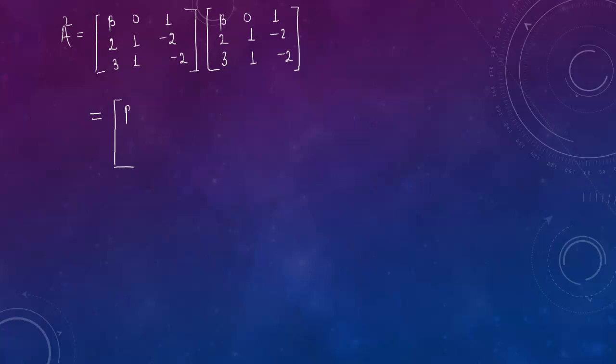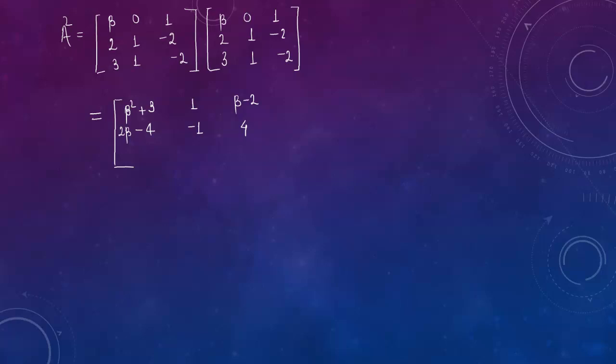So I am going to write directly what is going to come here after multiplication. So beta square plus 3 in the first row first column; then beta into 0 plus 0 into 1 plus 1, then beta into 1 minus 2, beta minus 2; then 2 beta plus 2 minus 6 will be 2 beta minus 4; then 1 minus 2 will be minus 1, then 2 into 1 minus 2 will be 0, and minus 2 into minus 2 will be 4.